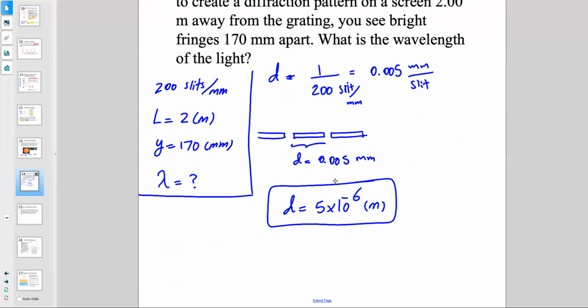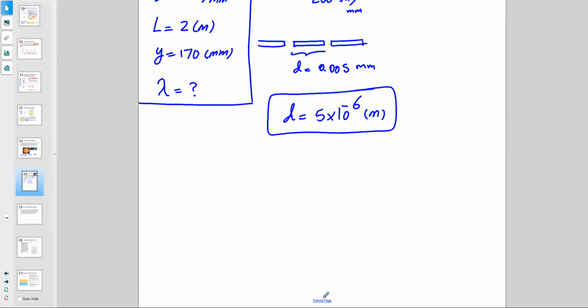All right, knowing that, we can find theta. I have a triangle here.